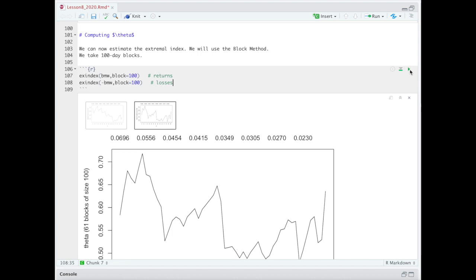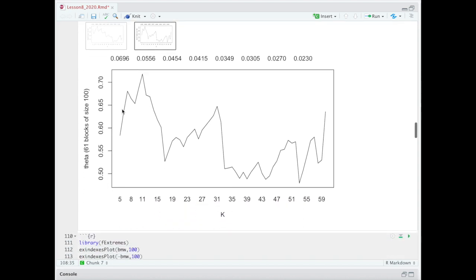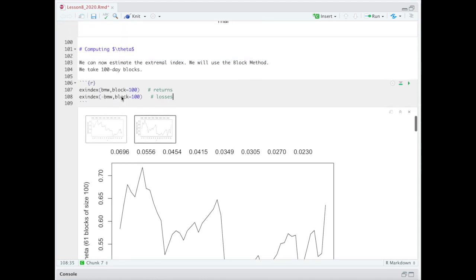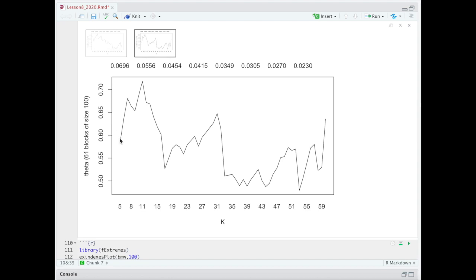Okay, and here there is an error, so these are losses. So what we can do, we can generate our plots, and using this method, you look for the value of the theta parameter of the extremal index that somehow represents some sort of average of the values that you can see here.